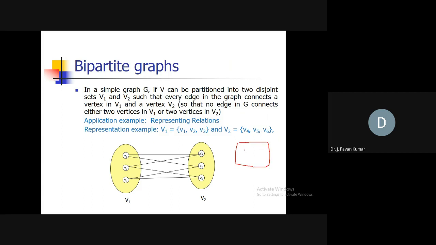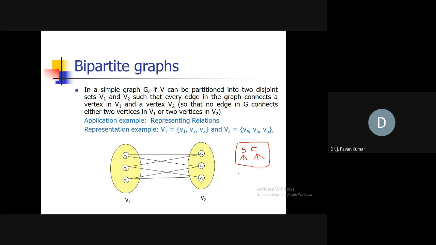In a graph we have students and courses. There can be multiple students and multiple courses, like S1, S2, S3, these are students. Next, C1, C2, C3 and so on are courses. Now what is the relationship between student and course? A student can be enrolled in a course. That is a relationship between student and course.